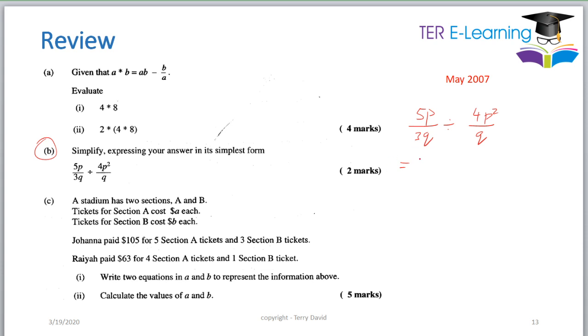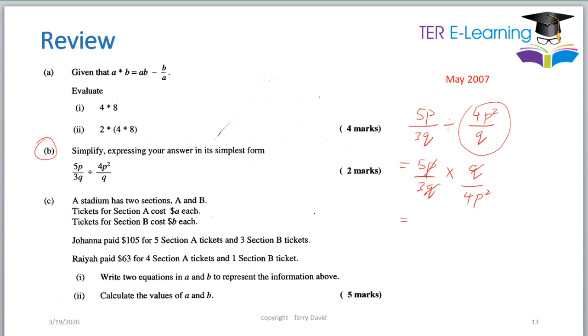So this here is 5p divided by 3q. Since we are dividing by a fraction, we need to change the sign to multiply, and we're going to invert this one. So you're going to put q over 4p squared. Now, we need to start simplifying here. So this q will cancel with this q.